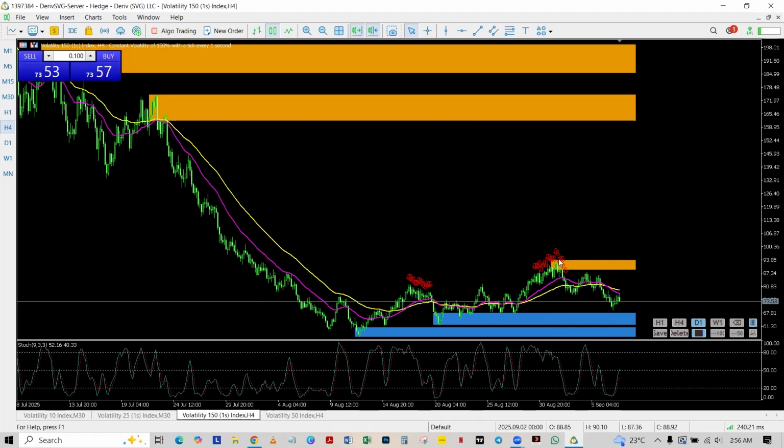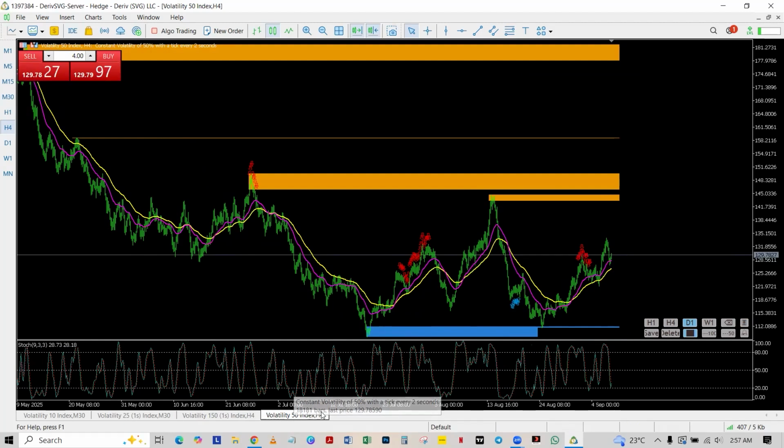So what I'm looking for is for market to break lower than this, then retrace. Once market breaks this level and retraces and does not retrace above this level, then I'll be ready for a continuation to the downside. So the next I'm looking out for is the volatility 50.